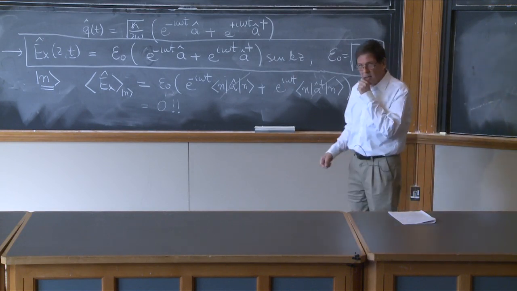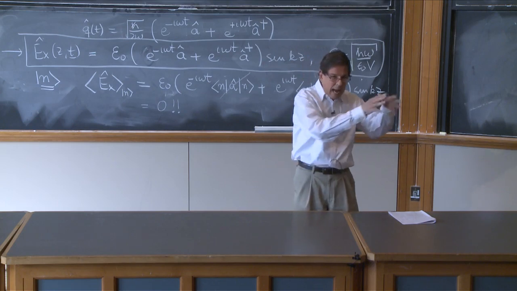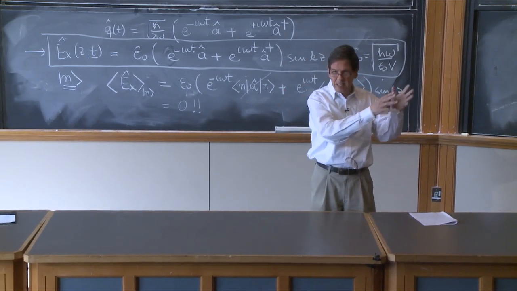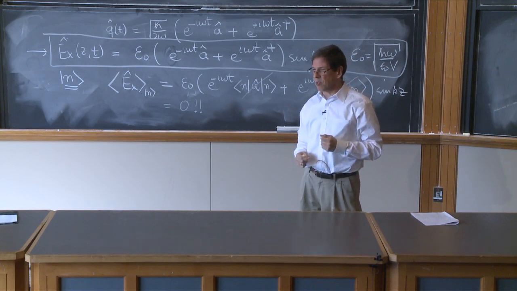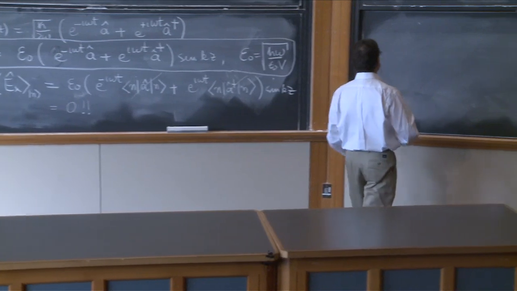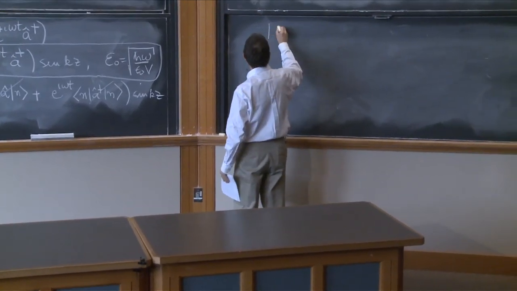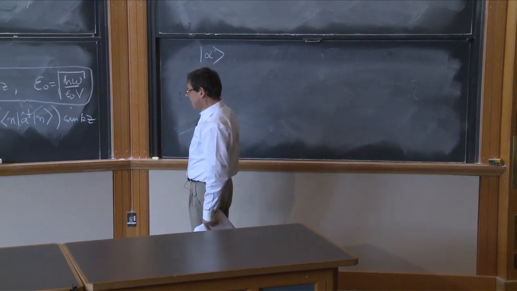thoughtful state. We've said so many times that coherent states act like classical states. So let's put a coherent state of photons into this state. So let's see. Now the state will be an alpha state, which is a coherent state.